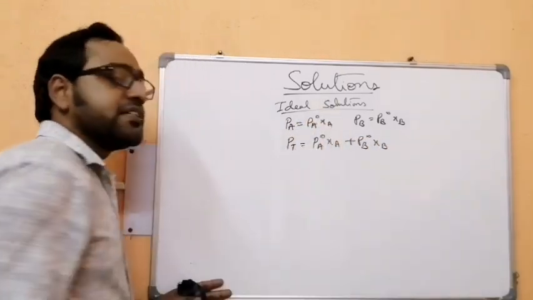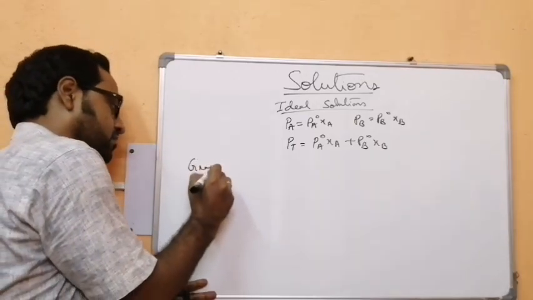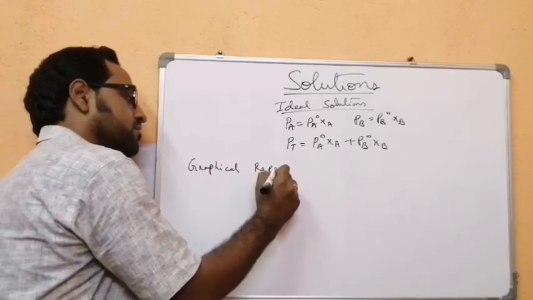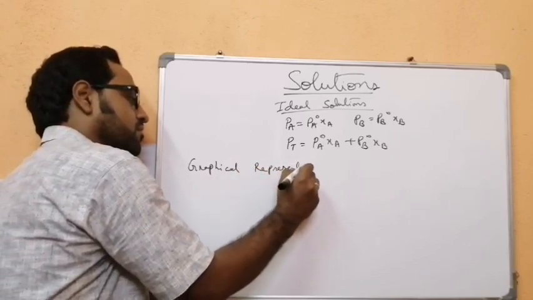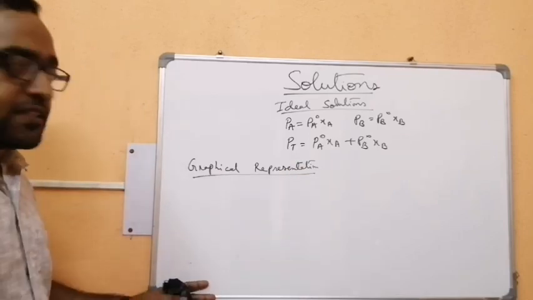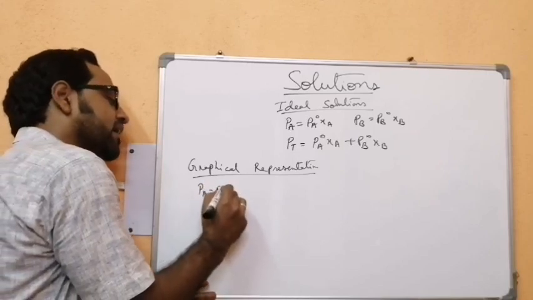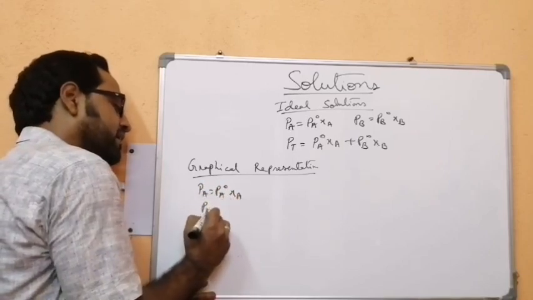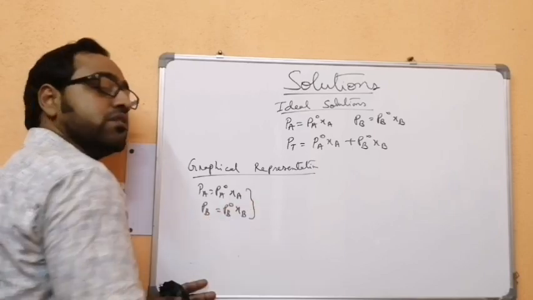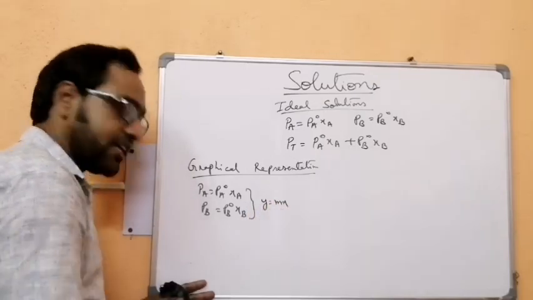Now the graphical representation of ideal solution. You have two equations: PA is equal to PA naught XA, PB is equal to PB naught XB. These two equations are in the form y equal to mx, so it will be a straight line.